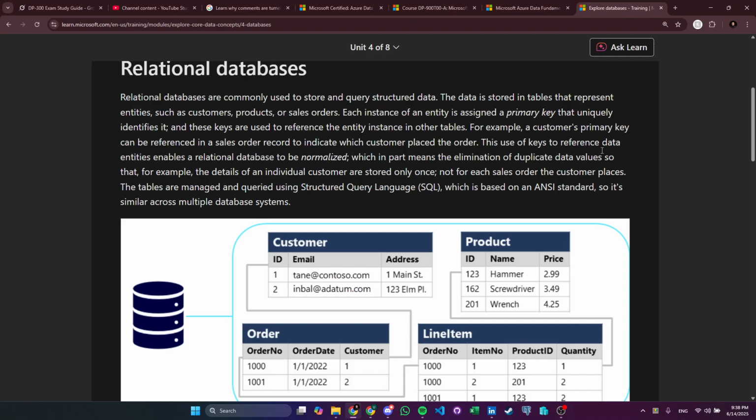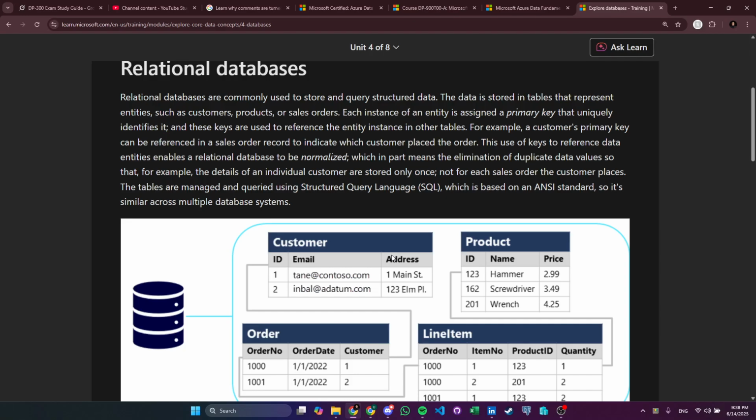This use of keys to reference data entities enables a relational database to be normalized, which in part means the elimination of duplicate data values so that, for example, the details of an individual customer are stored only once. So basically the relational databases are built so that no duplicates exist.